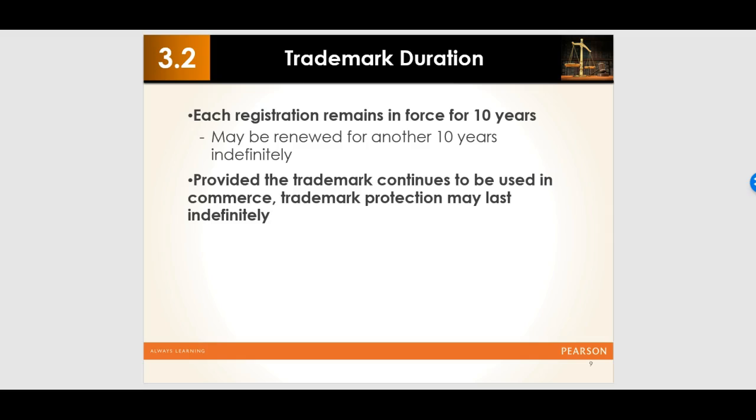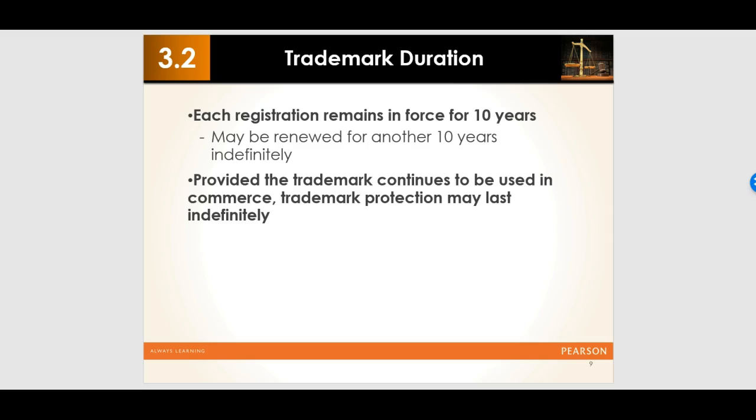So remember we discussed copyright, and copyright is valid for the life of the author plus 70 years or 95 years. So there was a specific time length for copyright, and once that time passed, the copyrighted material would be in the public domain.